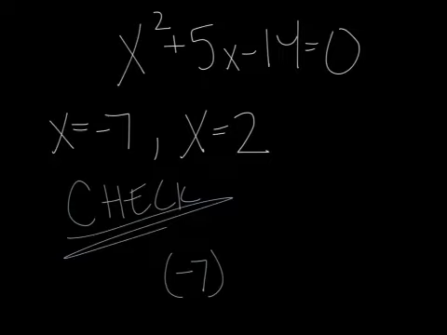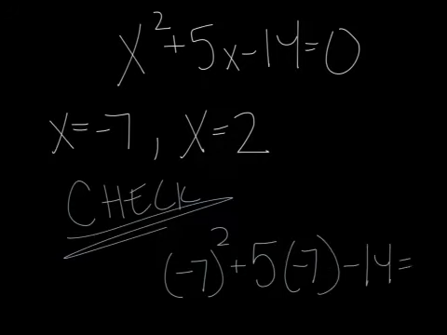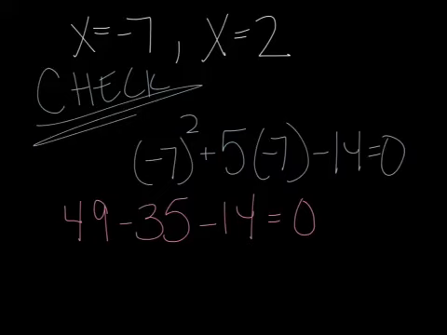So I'm going to put parentheses negative 7 squared plus 5 parentheses negative 7 minus 14 is equal to 0. After plugging in each value, you'll get negative 7 squared is positive 49. Positive 5 times negative 7 gives you negative 35. And minus 14 is equal to 0.